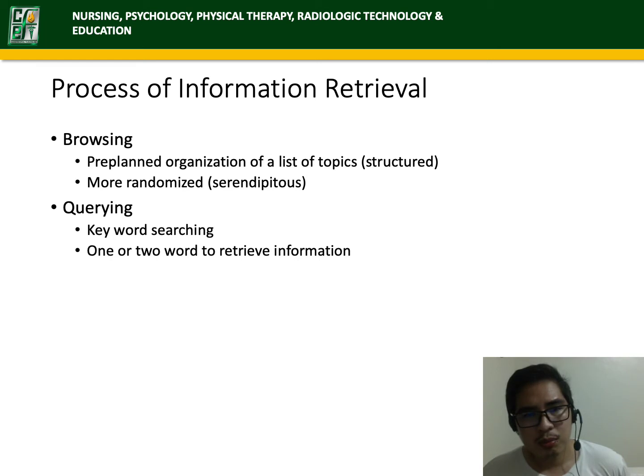When it comes to the process of information retrieval, how do I retrieve these literatures? You can do browsing. You can write down the topics or the titles that you want to search on. Then there's also browsing that is more randomized.